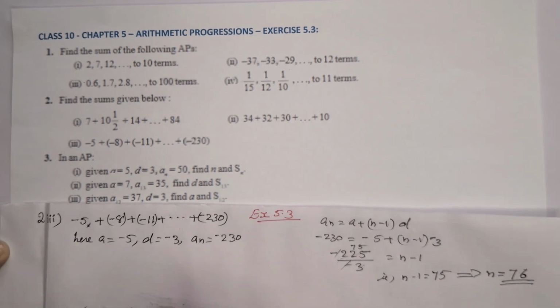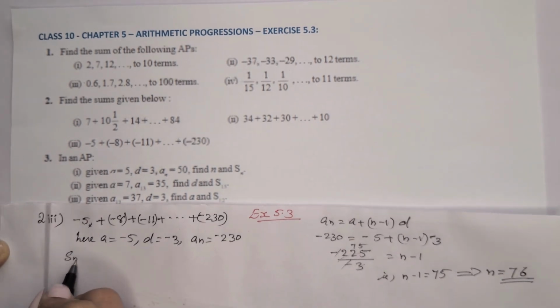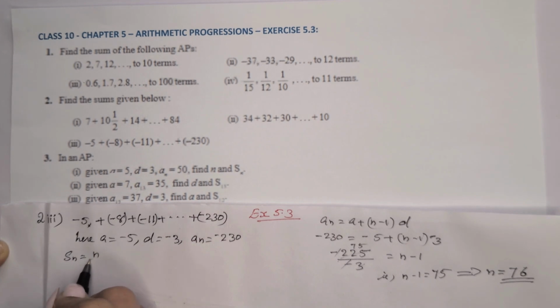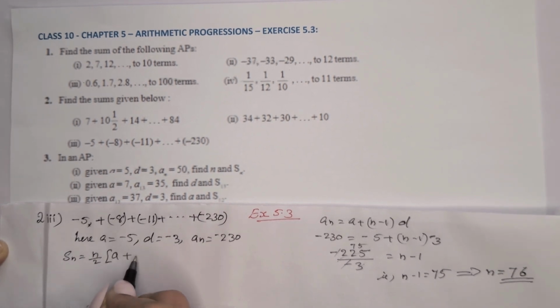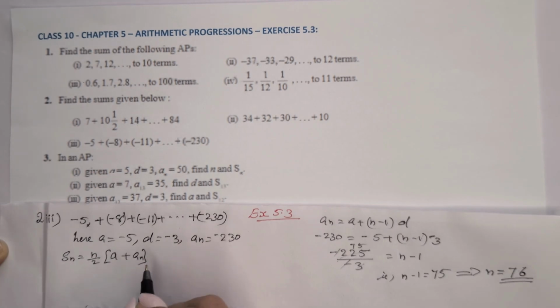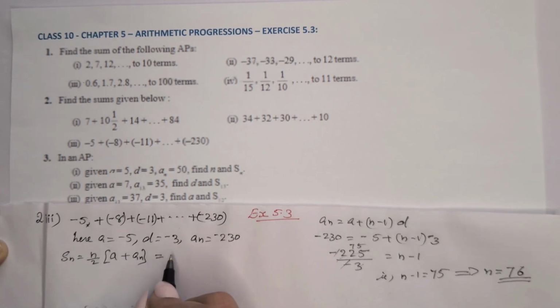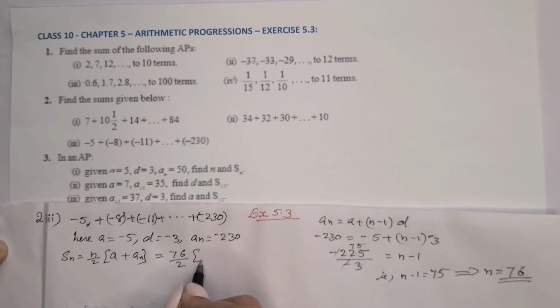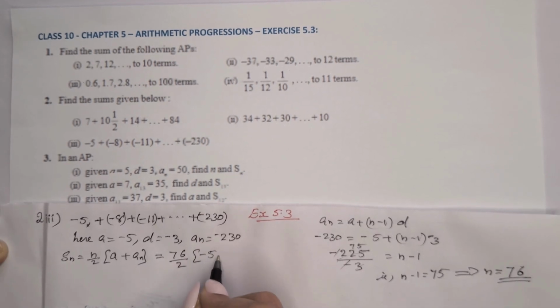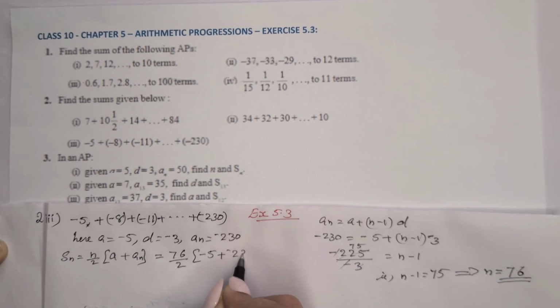Then next Sn. Sn is equal to n by 2 into first term a plus an, which is equal to n by 2, that means 76 by 2. First term is minus 5, last term is minus 230.